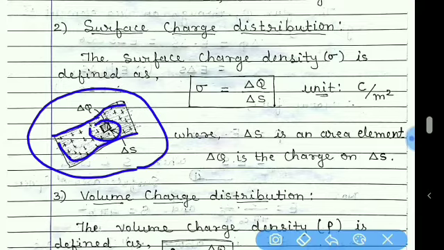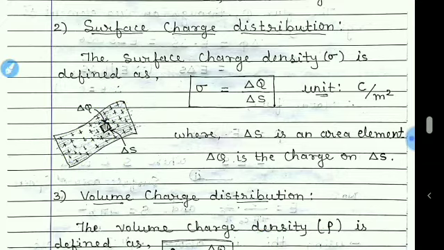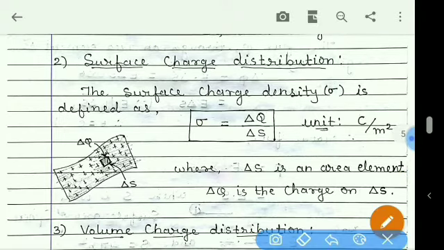In this small element, the charge distributed is delta Q, and the area of this small element is taken as delta S. So according to the definition of surface charge density, sigma is equal to delta Q upon delta S, that is the total charge upon total area.